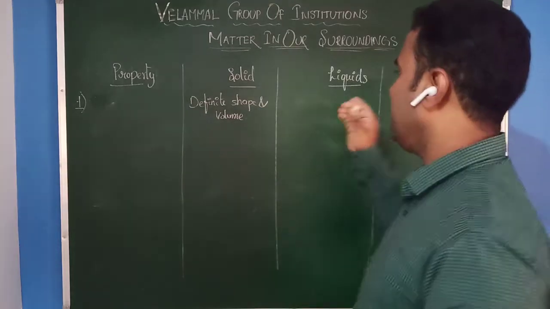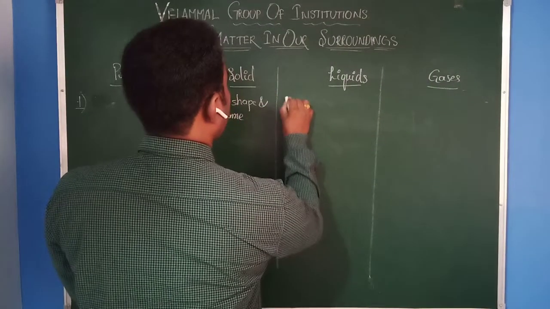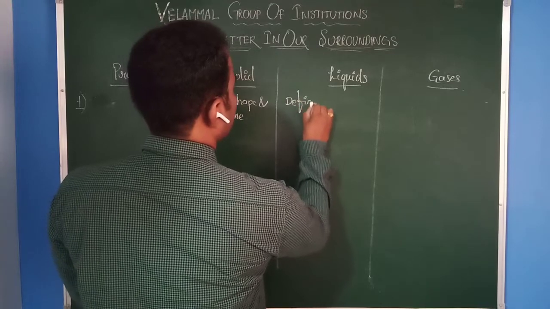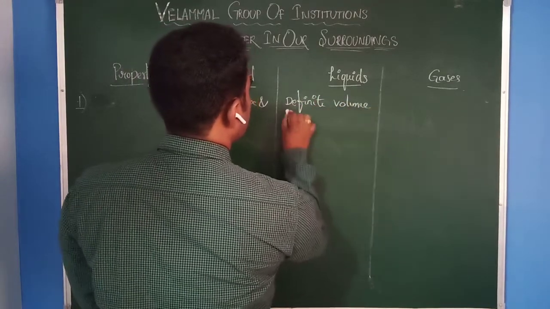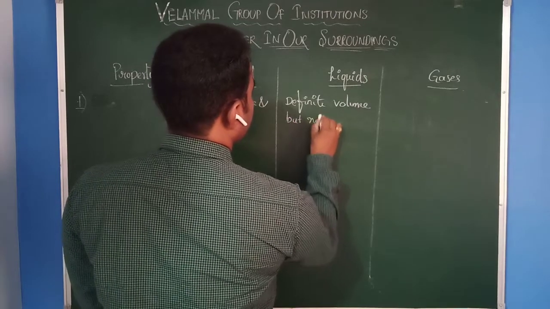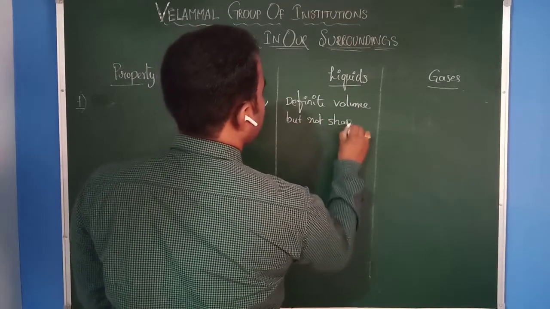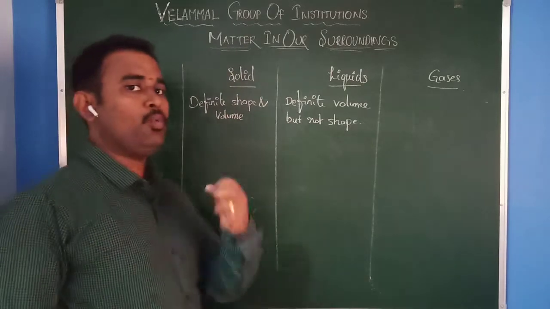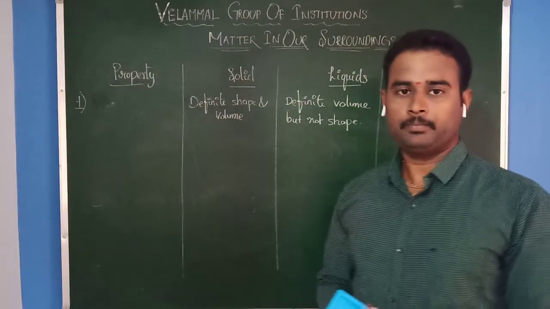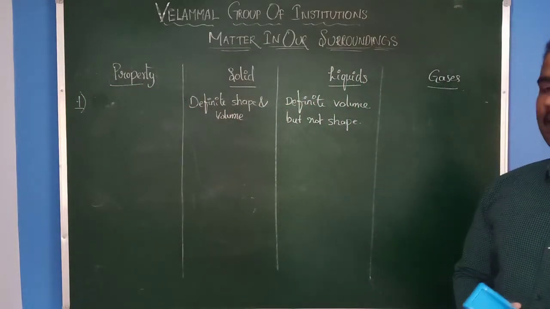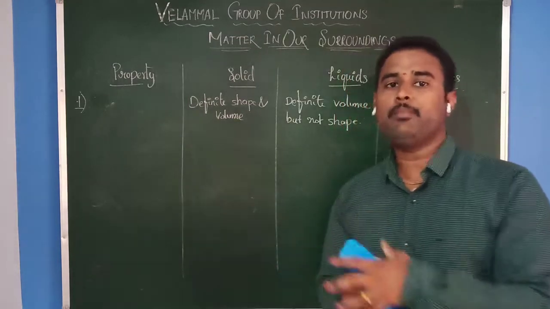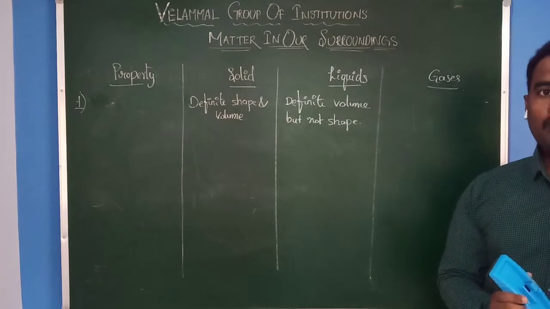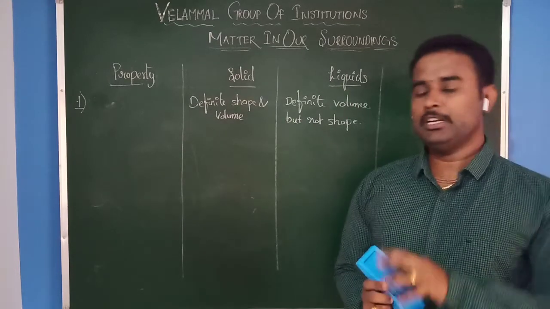But in the case of liquids, it has definite volume but not definite shape. Because if you take 1 liter of water and put it in two bottles of different shapes, the volume of the water is the same, that is 1 liter.